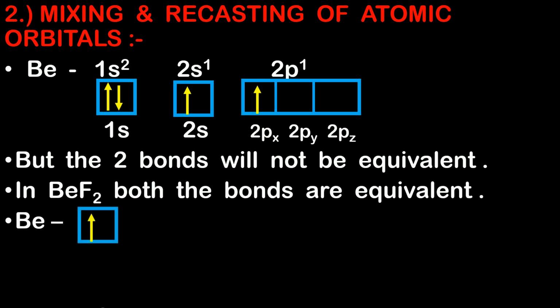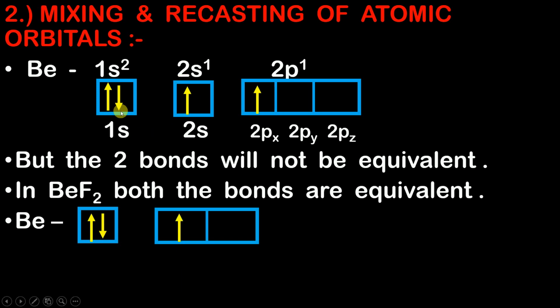As you can see over here, this 1s2 as it is, then this 2s has now got combined with 2px. Can you see over here? This orbital has got combined with this orbital, and the new name of the orbital is given as 2sp.